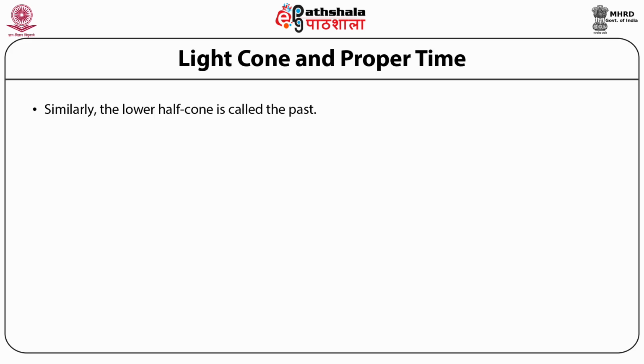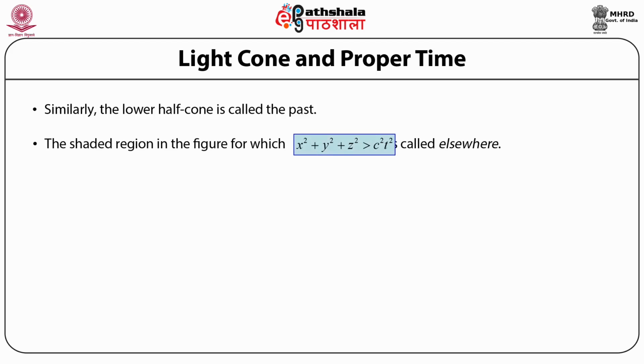The normal cone refers to the future. The tip of this normal cone, which coincides with the tip of the inverted cone, refers to time t equal to 0, that is the present, and the inverted cone, which is the lower cone, refers to the past.